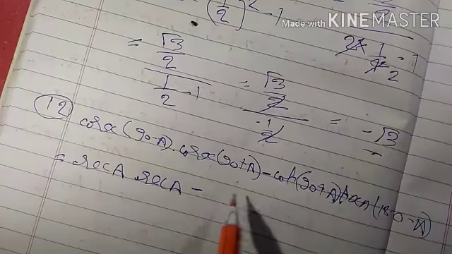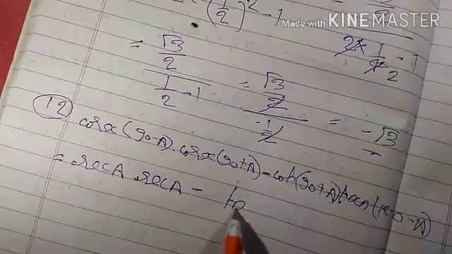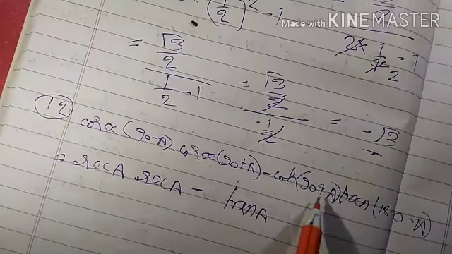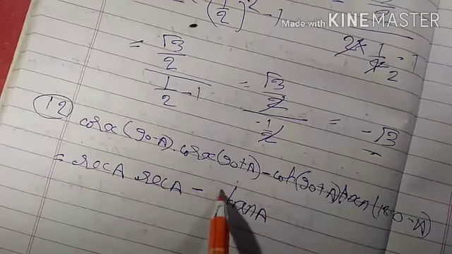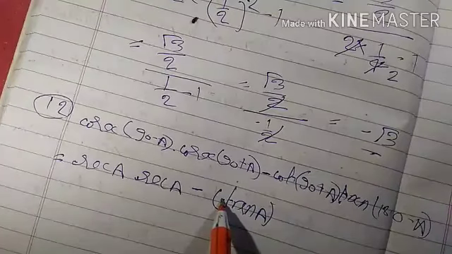Functions are changed, so cot changes into tan, so we can write tan a.